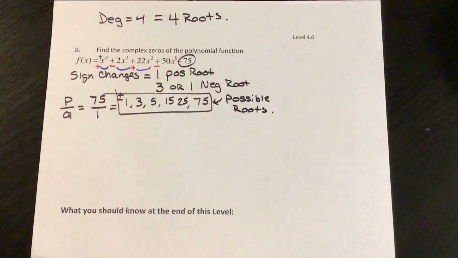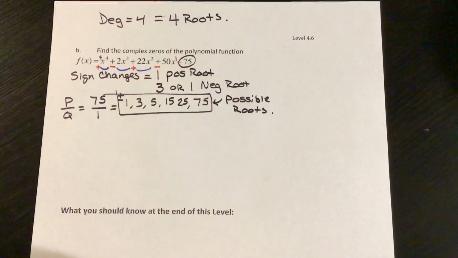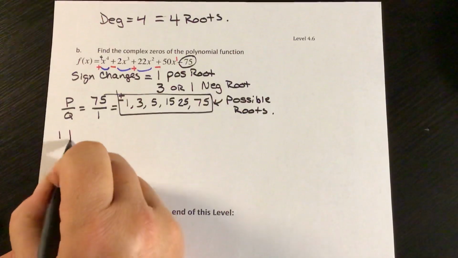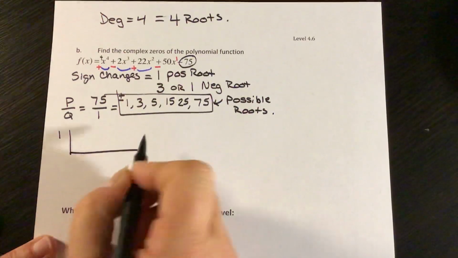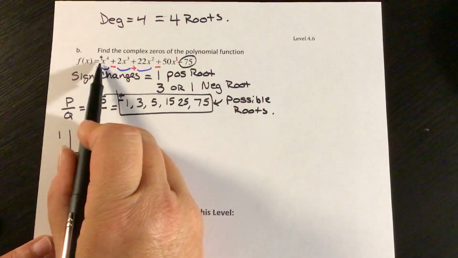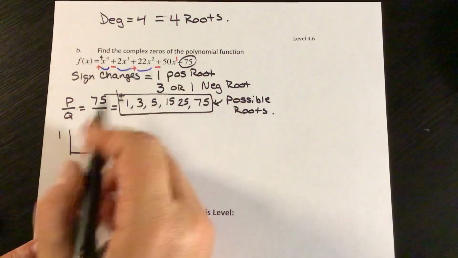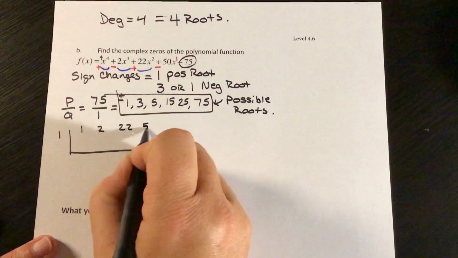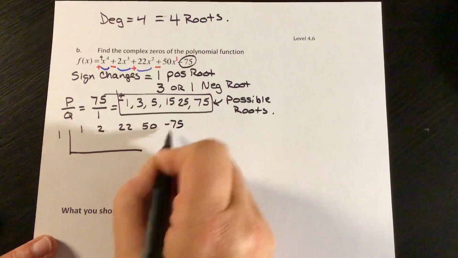All right, so I know I have 1 positive and 1 negative. So let's just start with 1. This time I'll start positive. And my coefficients are 1, 2, 22, 50, and negative 75.